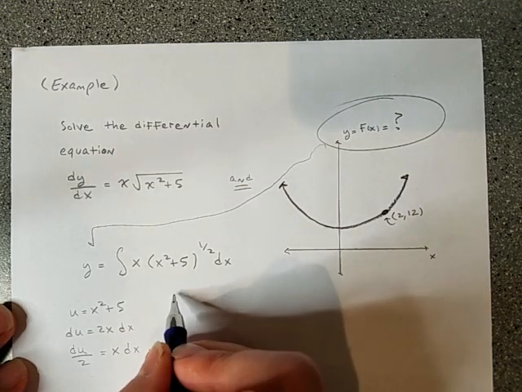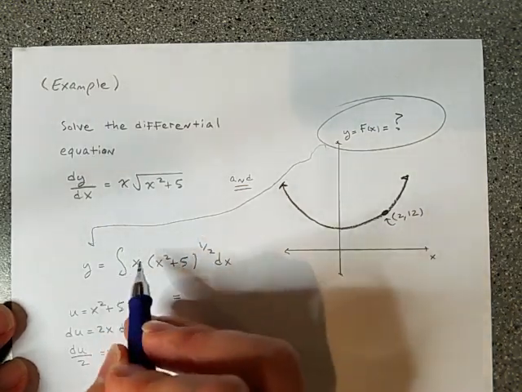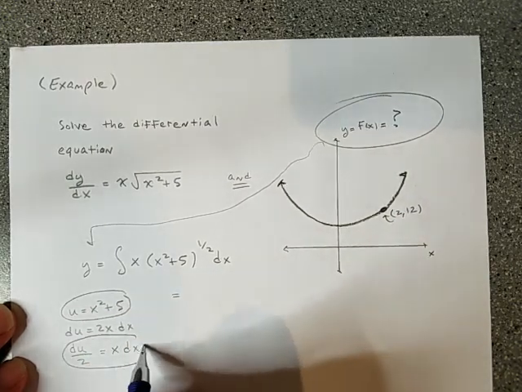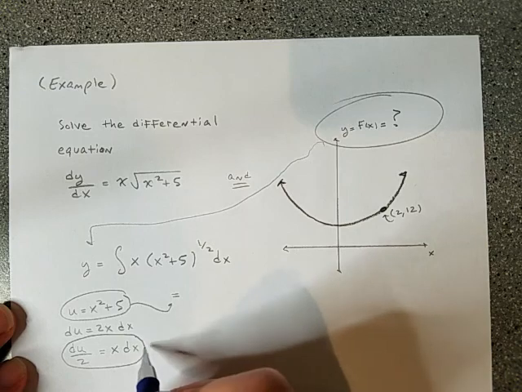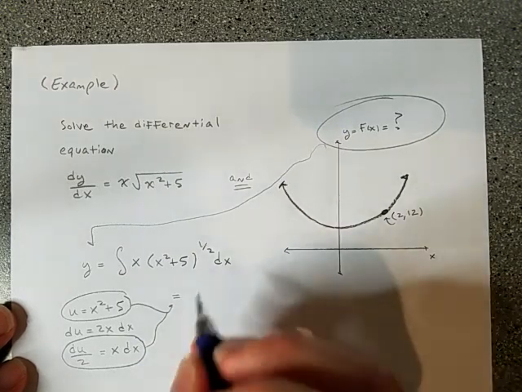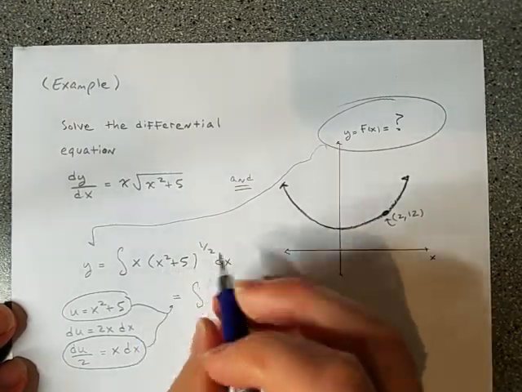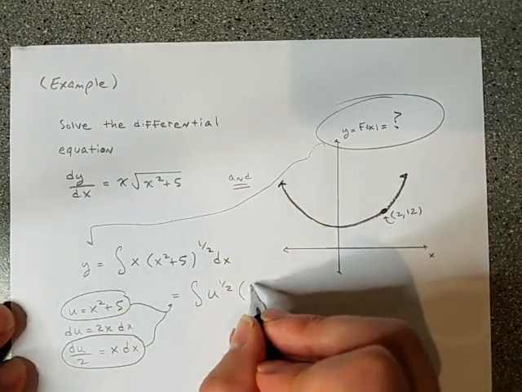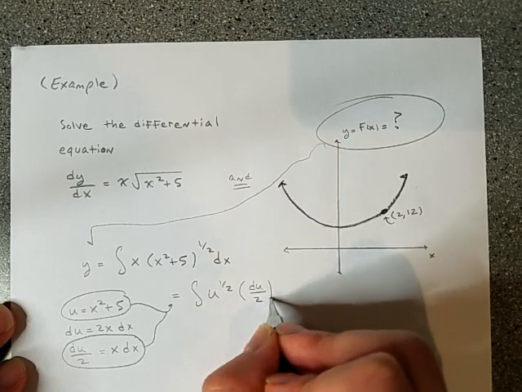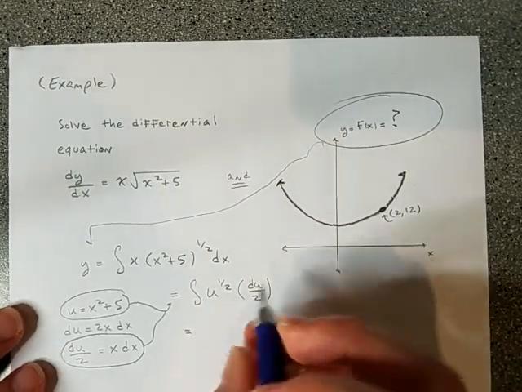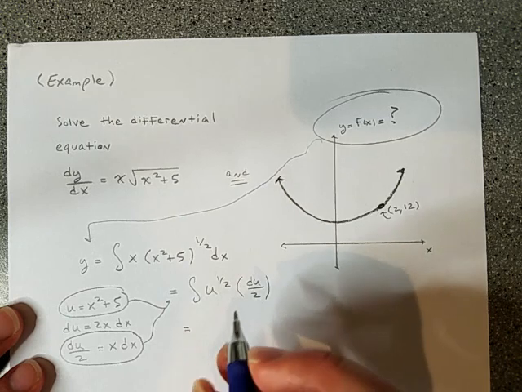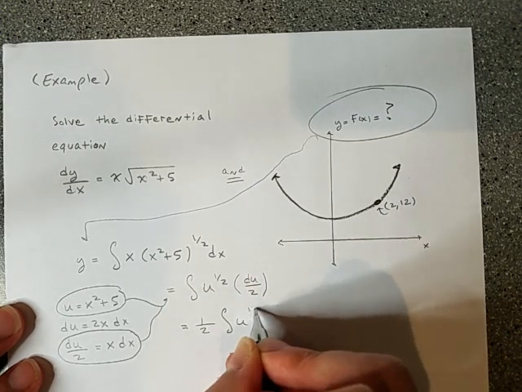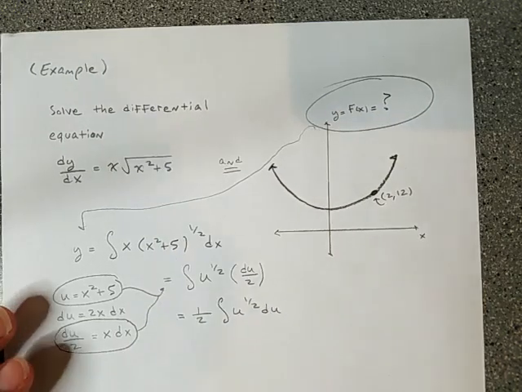Now that substitution will give me a way to do this one. I'm going to get u to the 1/2 power, and then x dx, that'll be du over 2. From here, we'll factor out that 1/2, and that will leave me like so.